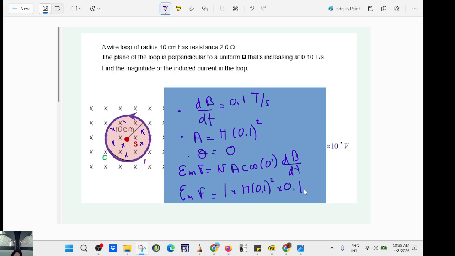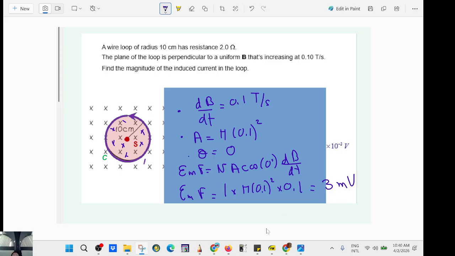That's going to be the EMF, which is 3 millivolts. You get that?